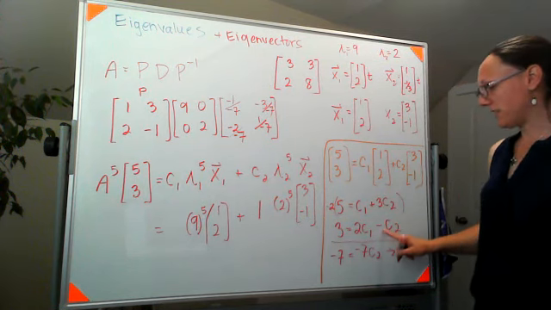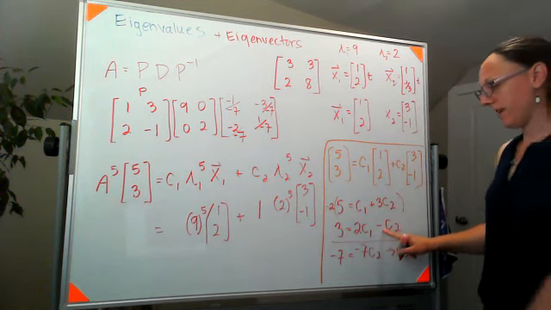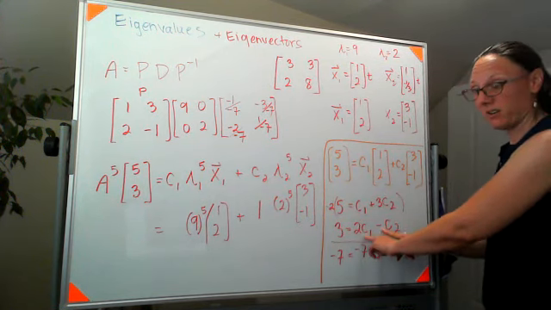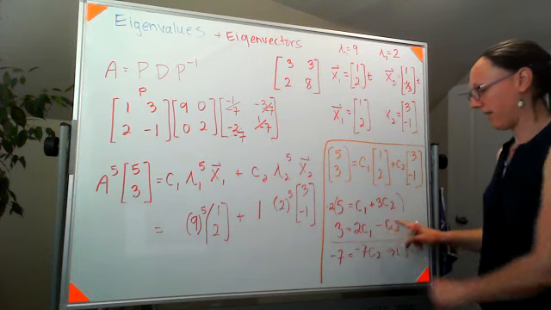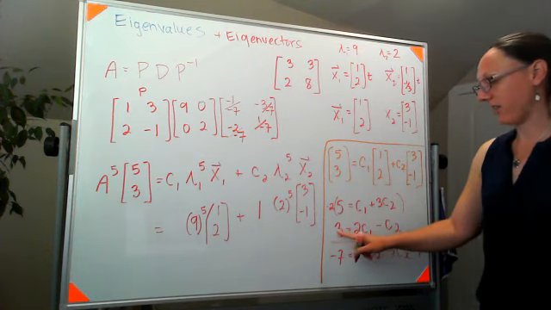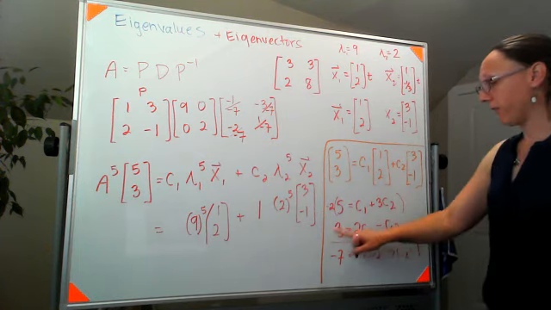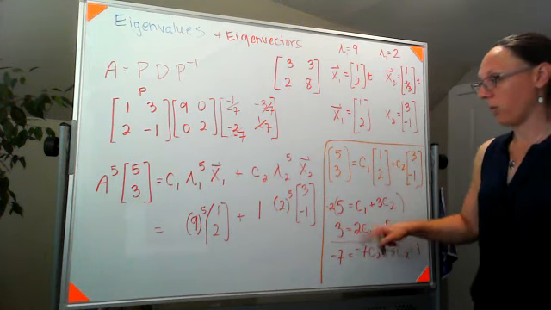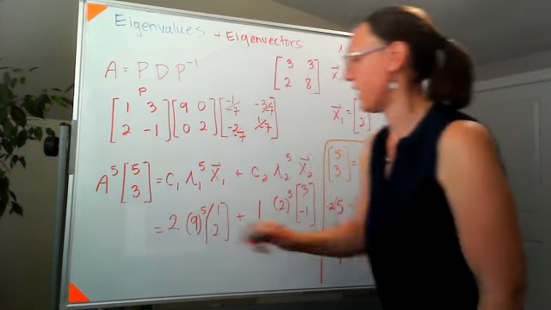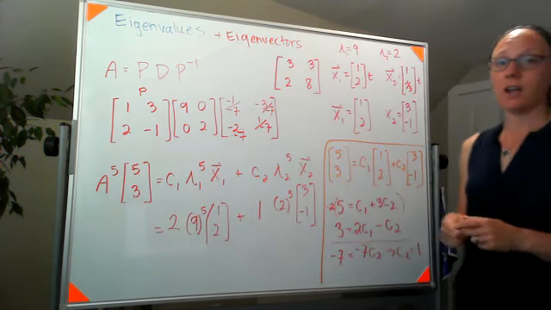And if I know that C2 is equal to 1, then it's pretty quick to find C1. So if C2 is equal to 1, and I think about plugging that in here, adding it to the other side, I'd end up with 4 is equal to 2C1, or C1 must be equal to 2.